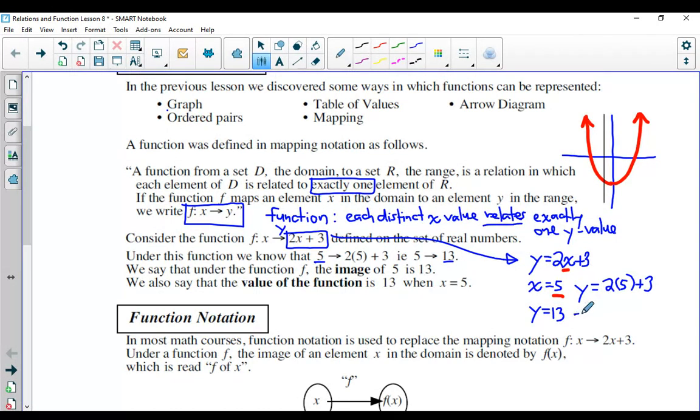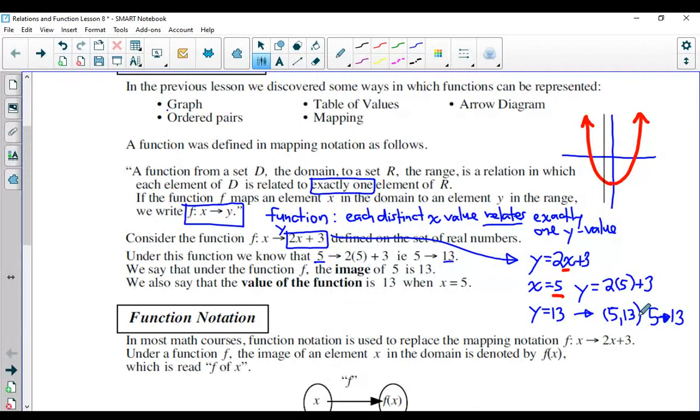If you want to, you could write that as an ordered pair, which states that under this relation, when x is 5, y is 13. And if you want to write it in terms of the arrow mapping, you could simply write down when x is 5, the arrow points to y is 13.